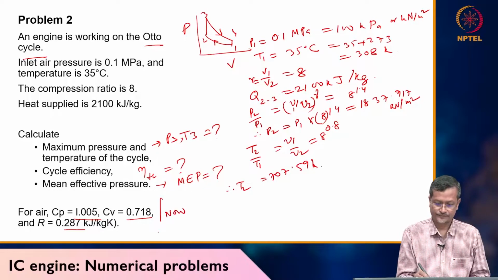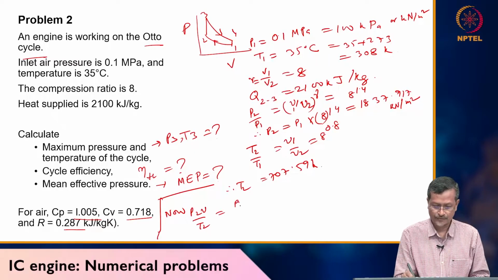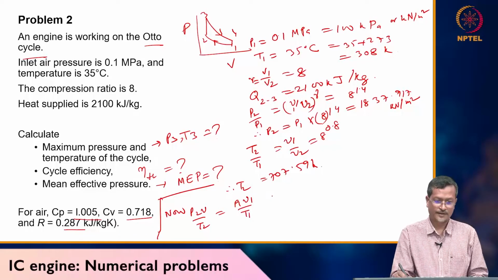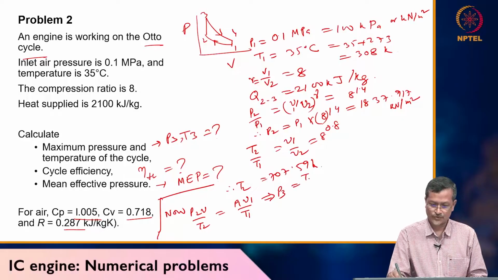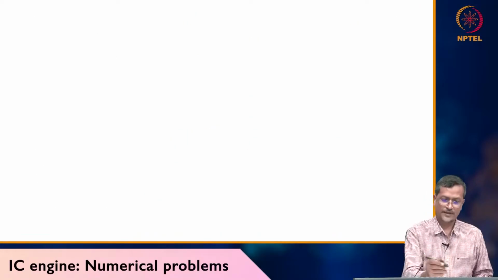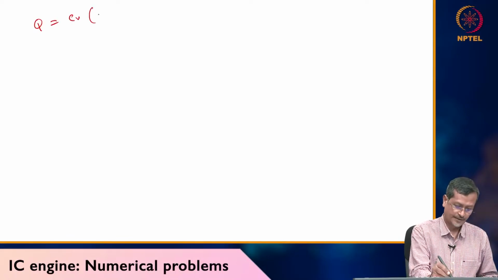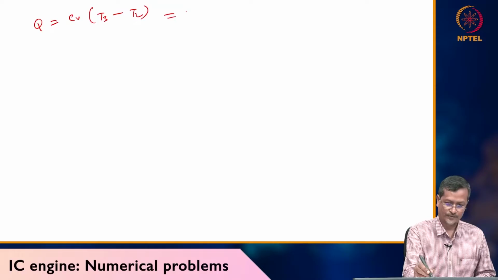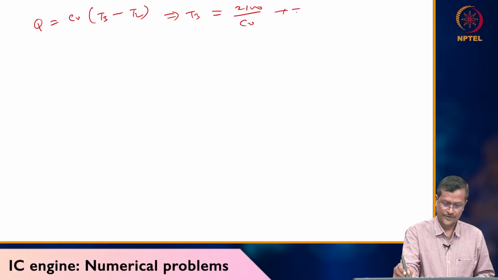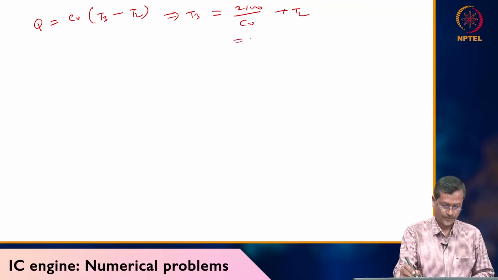Now, P2 V2 by T2 equals P1 V1 by T1, which gives P3 equals T3 by T2 into P2. Now Q equals Cv into T3 minus T2, which implies T3 equals 2100 by Cv plus T2.